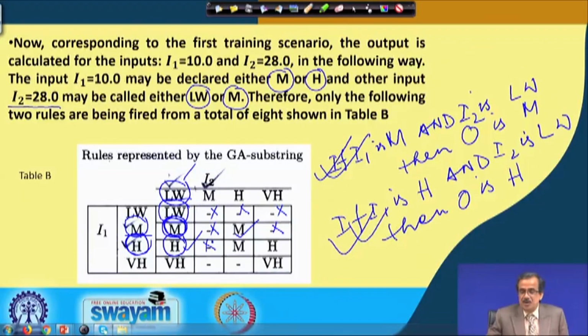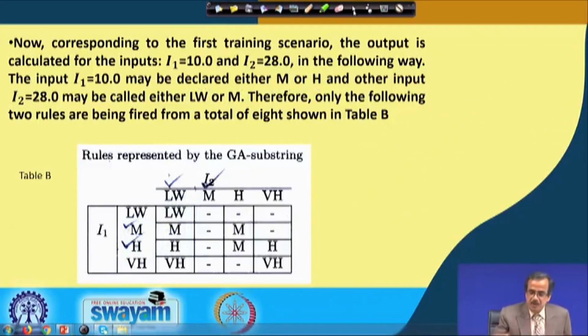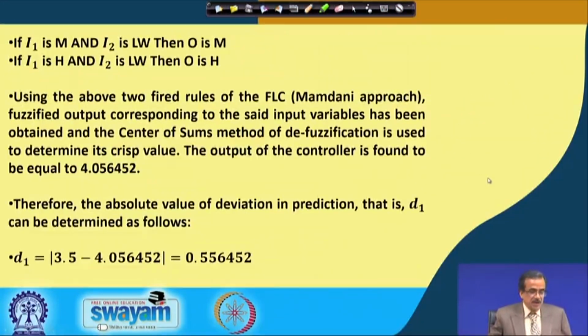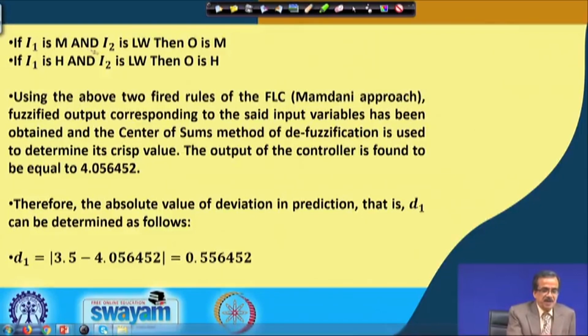Now, you will have to find out what should be the output corresponding to these 2 fired rules, and then I will have to combine them to find out the combined control action. Now, let us see how to find it out. Corresponding to the first fired rule, if I 1 is medium and I 2 is low, the output is medium.